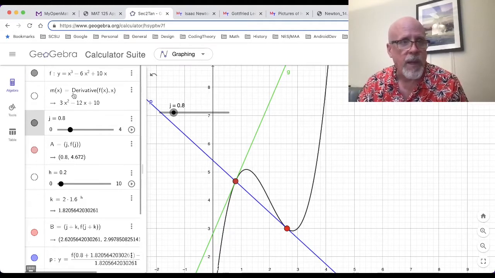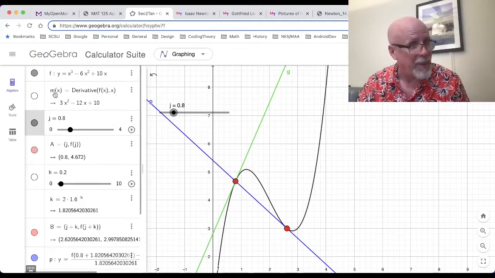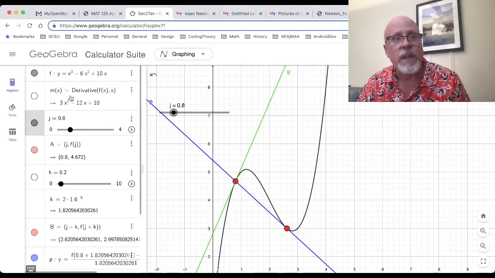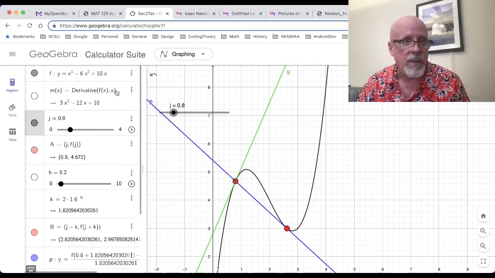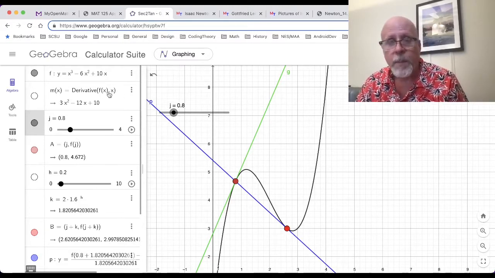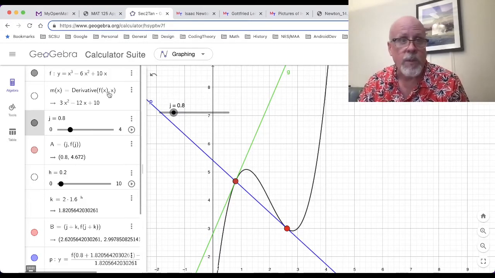We compute the slope as a function of x. And it's the derivative of the function f of x. That derivative has got to be done with respect to a variable. So we're saying derivative of f of x with respect to x. That's how you would read that GeoGebra code. But what it does is it tells you the right slope to have a tangent line at that x value.